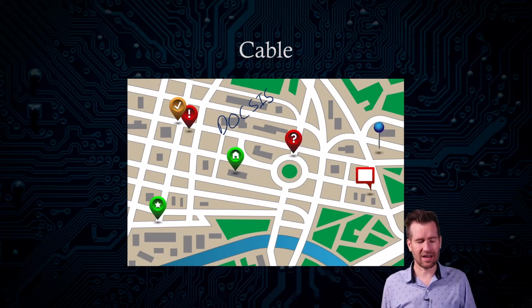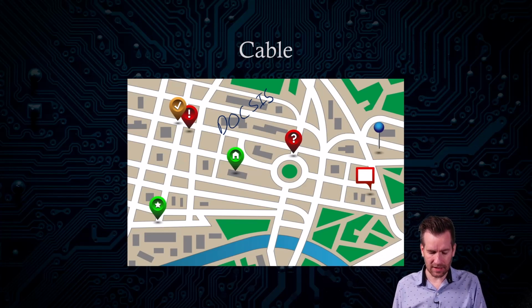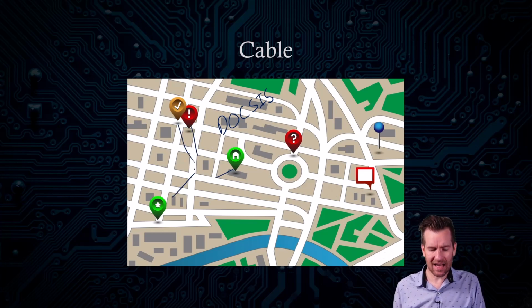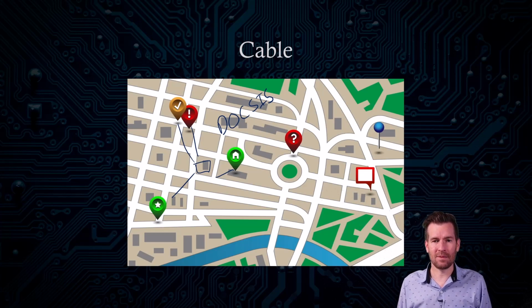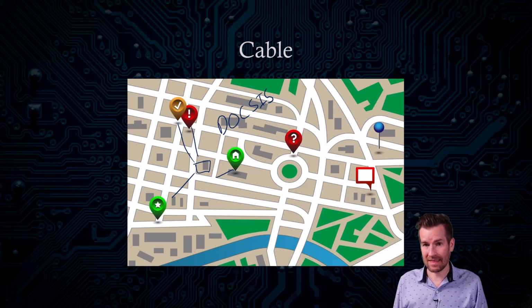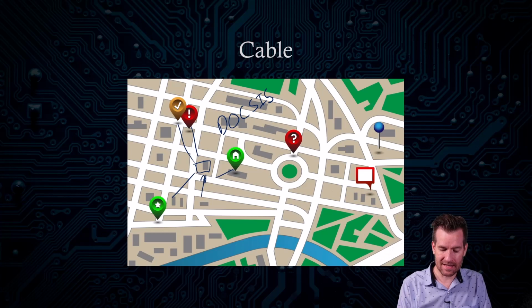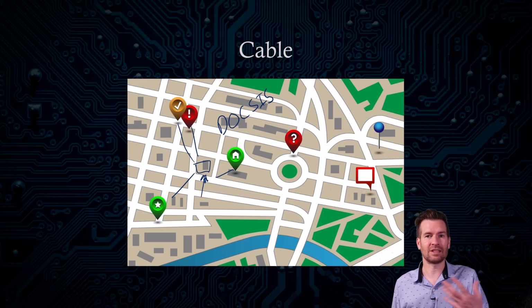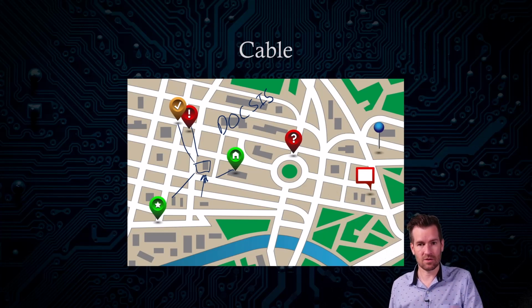One of the disadvantages to cable is that your homes connect into a hub, and that hub can get saturated at times. This used to be a big problem in the past. I feel like they're getting better with this, and it's not as much of an issue nowadays. But a lot of times you would see slowdowns during certain times of the day because this neighborhood's hub would get saturated if everybody was going home and watching movies or gaming.